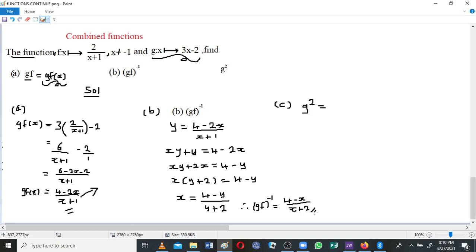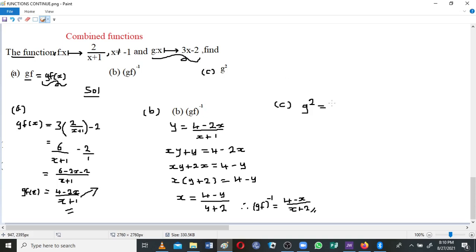So this is what we are getting, and this is our inverse. Now the other thing we need to solve is question C. Look at question C: g squared.